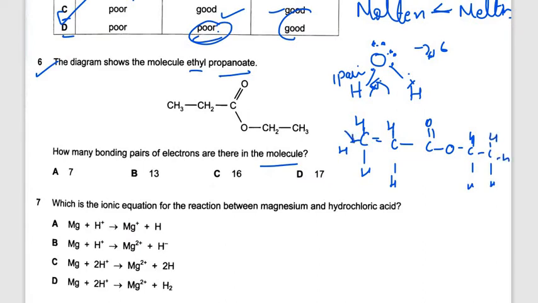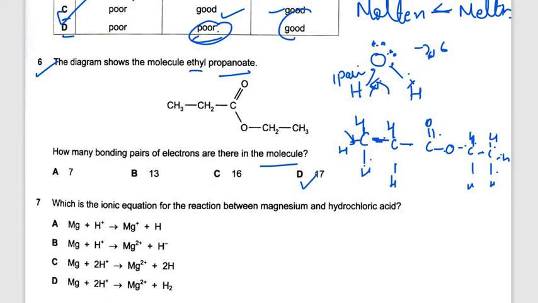This is representing one pair of bond. So 1 2 3, this is 1, because carbon always makes 4 bonds. So there is 1. So 1 2 3 4 5 6 7 8 9 10 11 12 13 14 15 16 17. So option D is the correct option.